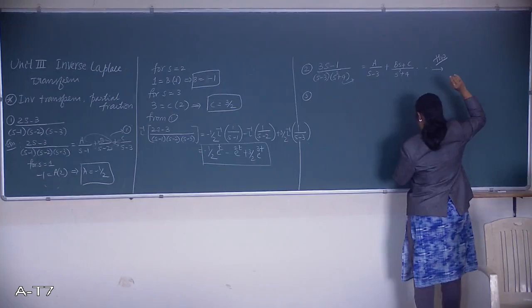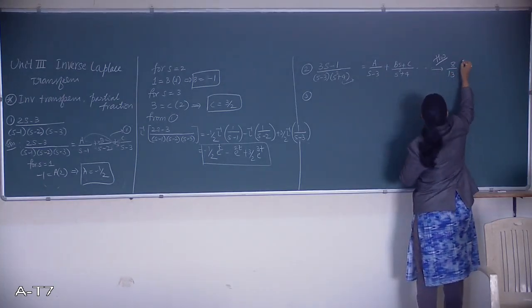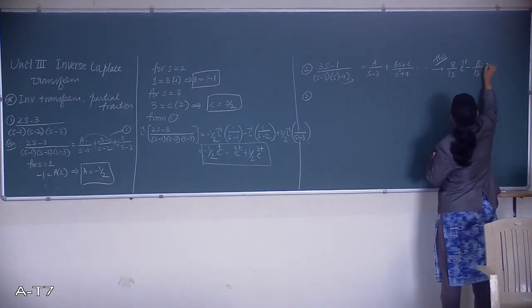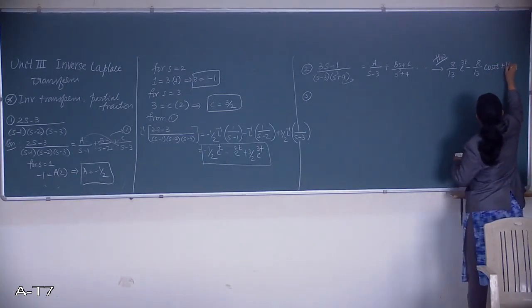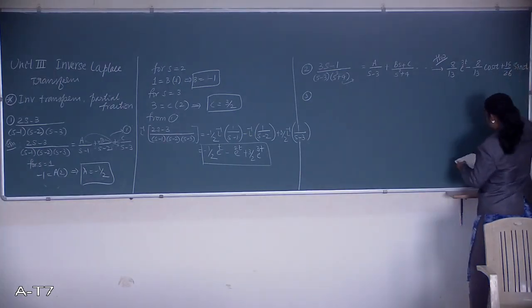The answer you will get at the end is 18 by 13 e to the power 3t, minus 8 by 13 cos 2t, plus 15 by 26 sin 2t.